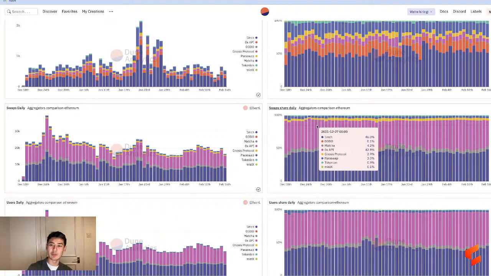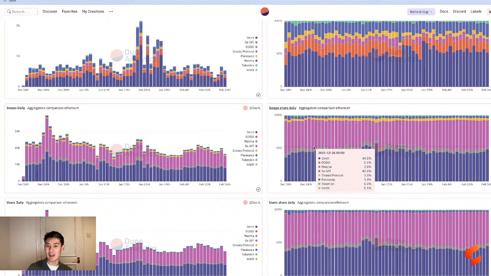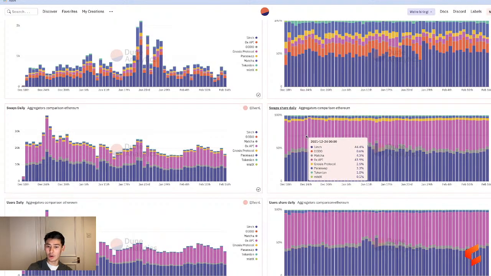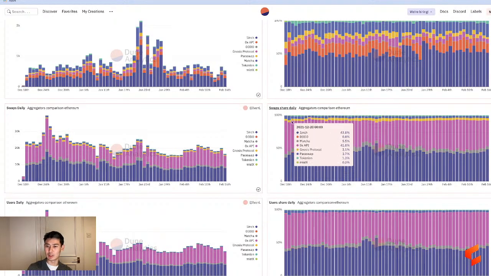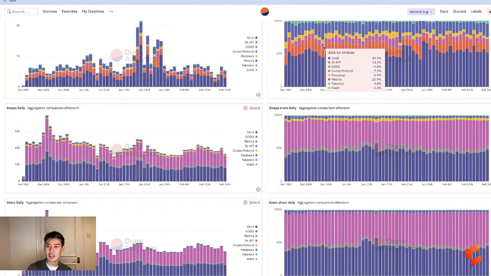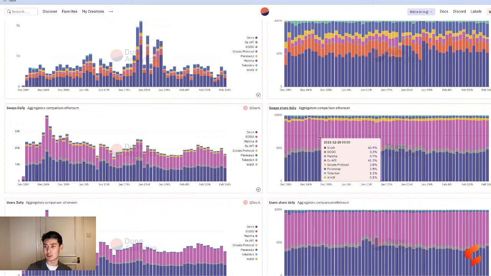And so what that really demonstrates is that somehow 1inch has gotten really good at capturing high volume transactions. And on the flip side, OX has become really good at capturing low volume transactions, because you can see they barely have, they're the orange, they're not that large of market share by volume, but very large by transaction swaps.